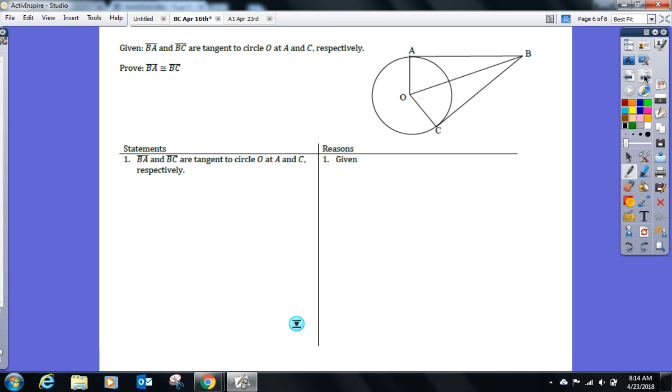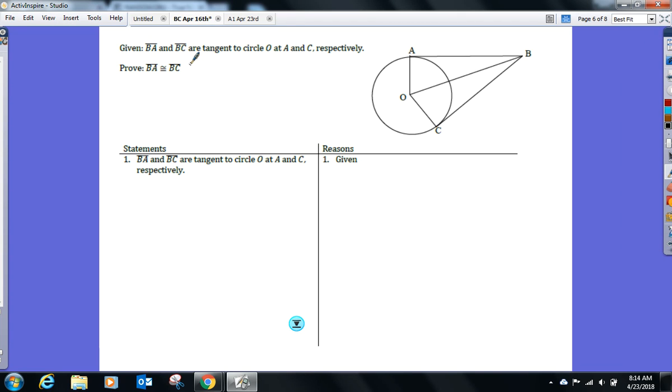All right, little proof here. What I want you to do, I'm going to let you and your group take over. I want you to label as many congruent parts as you can because take a look at what we're trying to eventually get. BA and BC to be congruent. And BA and BC aren't going to be congruent unless the triangles are congruent.